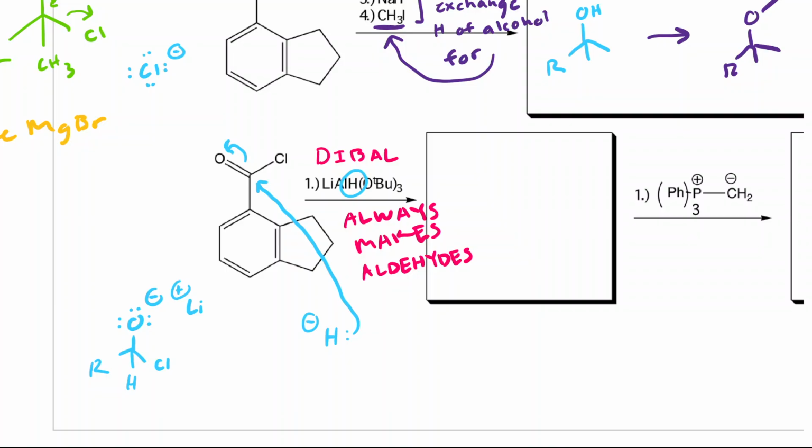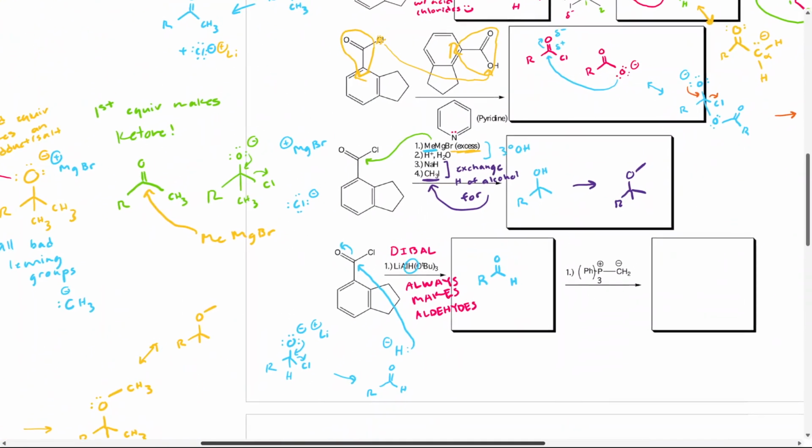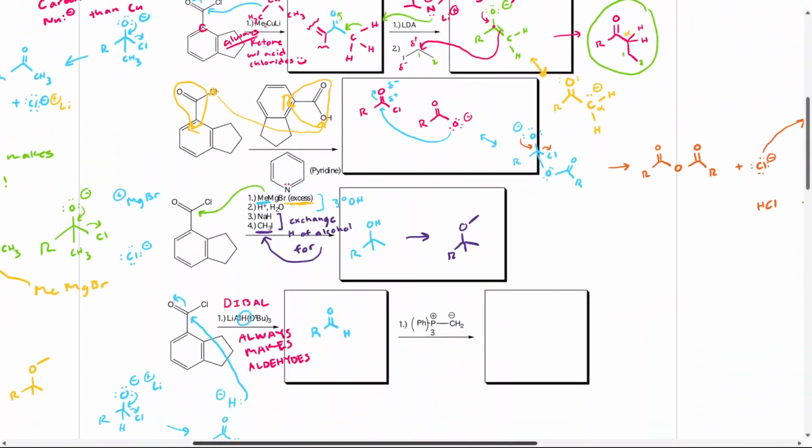It has a negative charge. It's going to push electrons down. But oh no, the carbon is not happy. It's going to kick up the chloride. And so we get the aldehyde. So yeah, I guess the mechanism isn't too bad. It's essentially the same thing as we've been doing before with a lot of our other molecules.